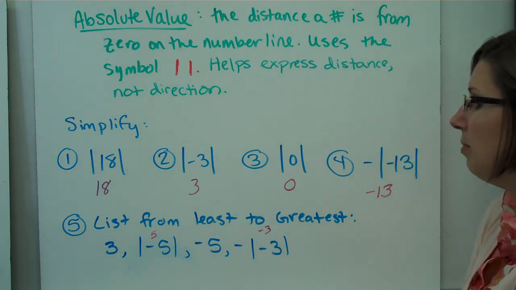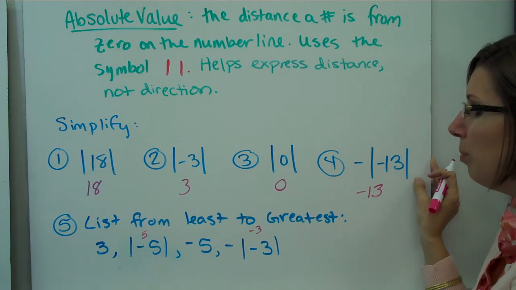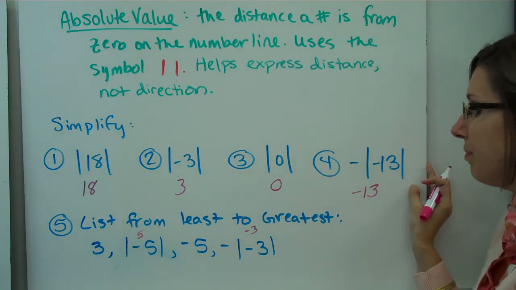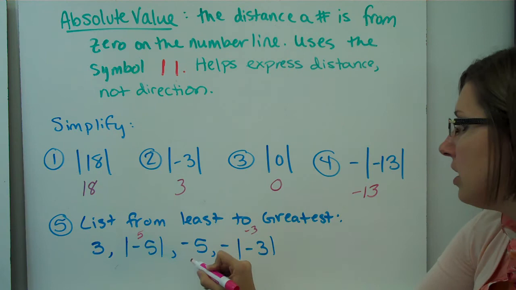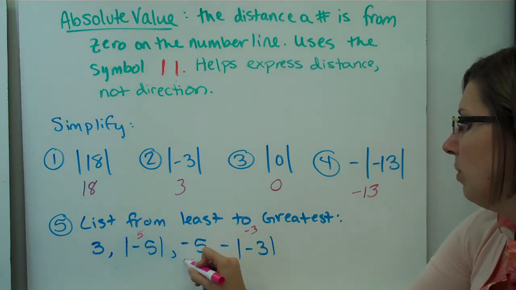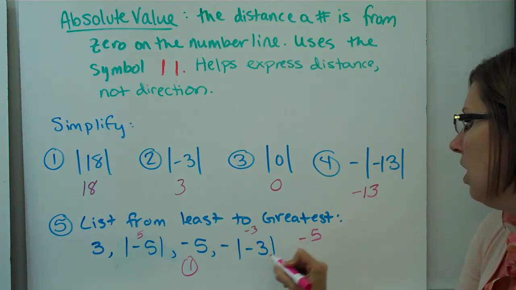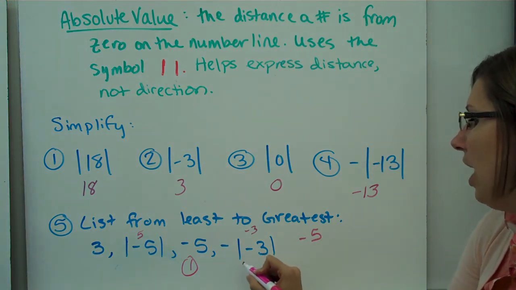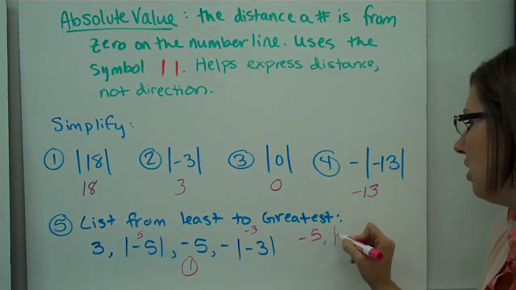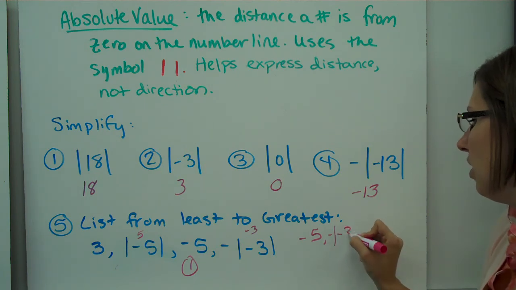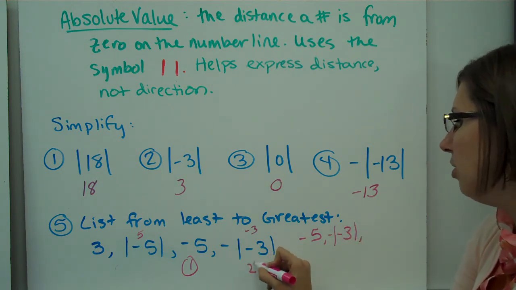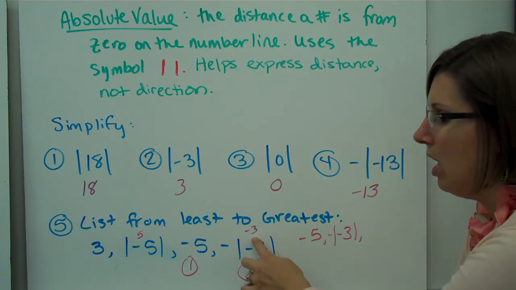Now let's list these from least to greatest. Let's list them in their original form. The smallest number would be this one, negative 5. Then the opposite absolute value of negative 3. That was number 2 because it's worth negative 3.